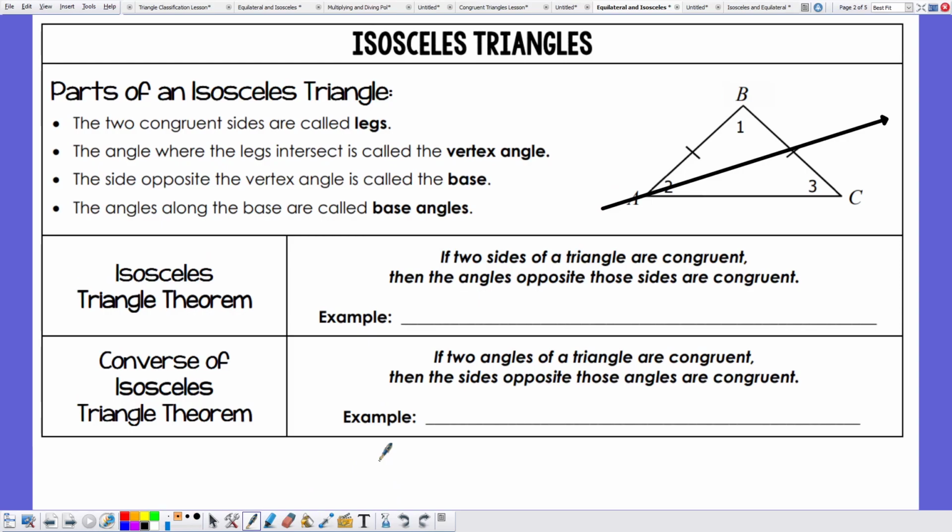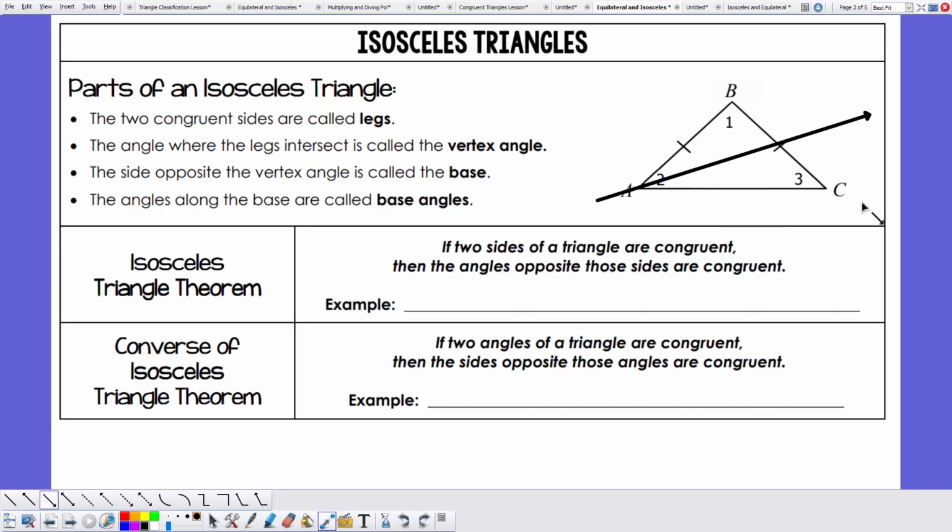So one of the congruent angles is angle A. And the other one, that is going to intersect through AB, the other congruent side, goes through the angle C. So those are the two opposite angles to the congruent sides. So by this theorem, I know that angle A is equal to angle C.